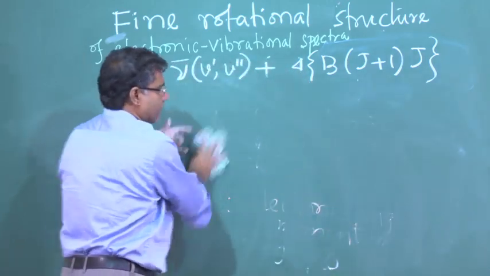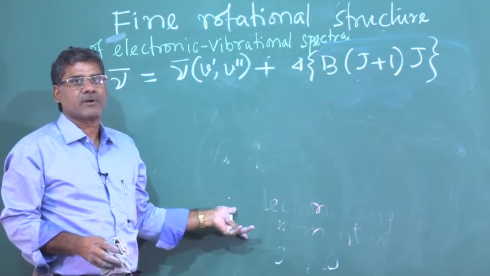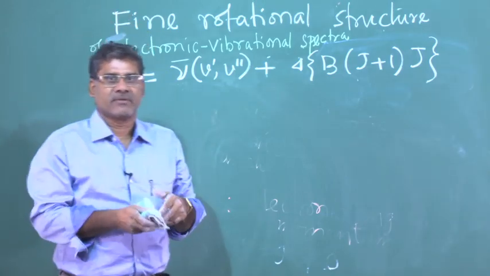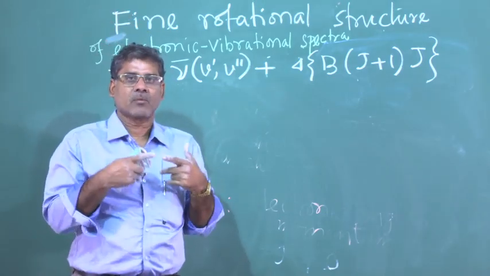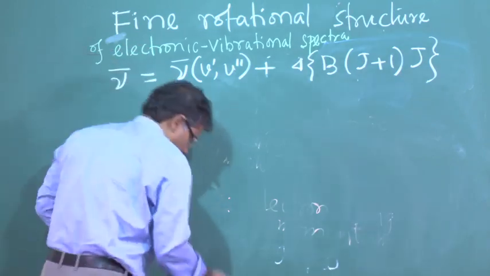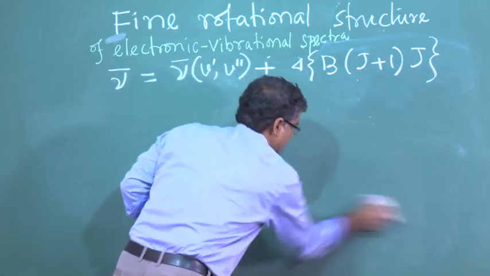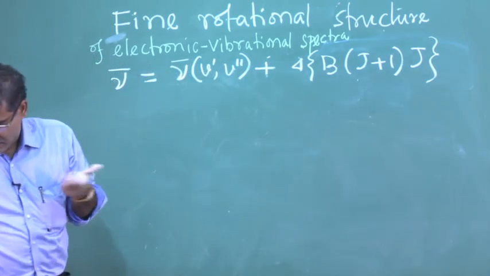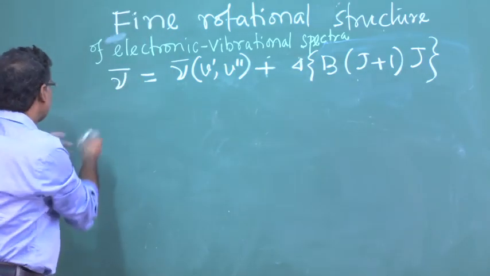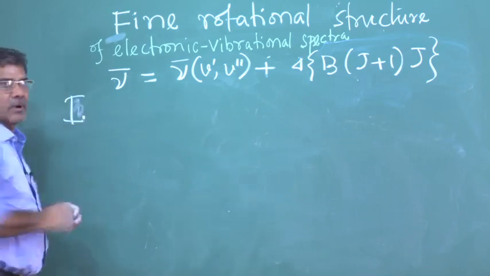Now, whether you will get a Q branch or not depends on whether the states involved in the transition have electronic angular momentum or not. Here we will write the condition for the frequency or wave number of the spectral lines. There are 3 cases.